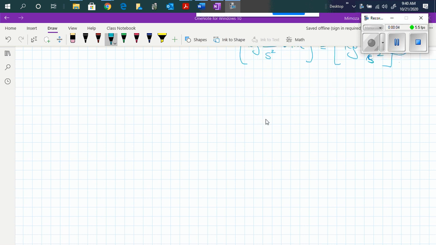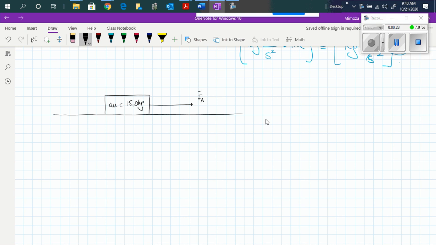So let's move now to a different situation when we have an object that is on a horizontal surface and the mass of the object is, let's say, 15 kilograms, and we have a force applied that is parallel with the surface, and it is about 20 newtons.